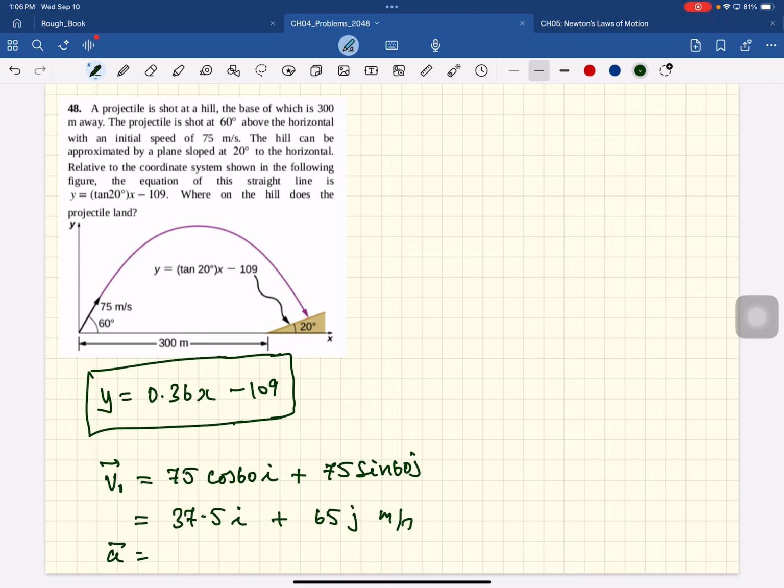And what is our acceleration vector? It's 0 i minus 9.8 j.